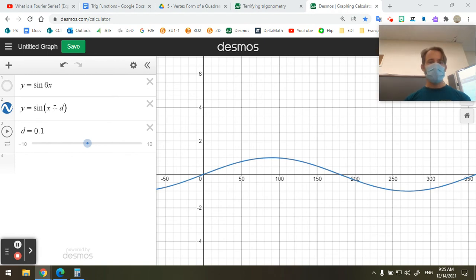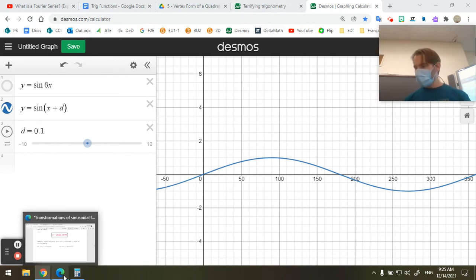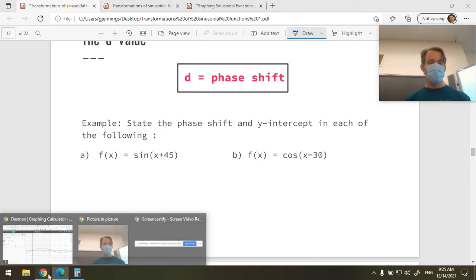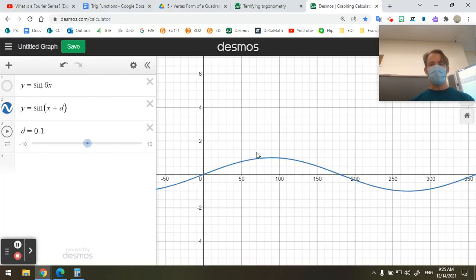And if we wanted sine of, what did we have here? Sine x plus 45. So if I add plus 45, let's visualize what's going to happen and check. Plus 45 should move the whole function to the left, because it's a weird sign flipper, so it moves in the negative x direction by 45 degrees.